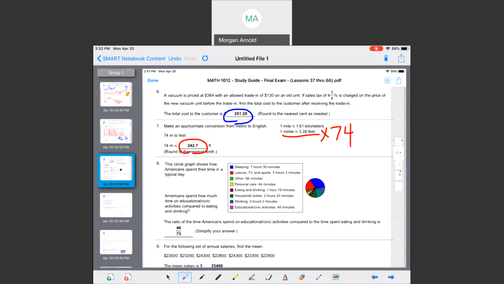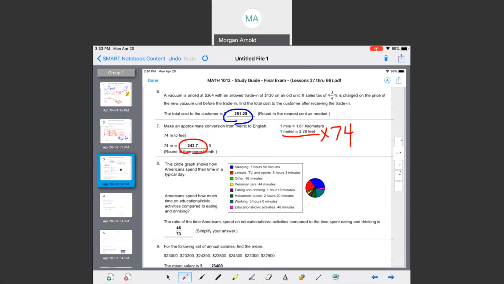Question 8. The circle graph shows how Americans spend their time in a typical day. Americans spend how much time on educational, civic activities compared to eating and drinking? And the answer is actually wrong for this question.